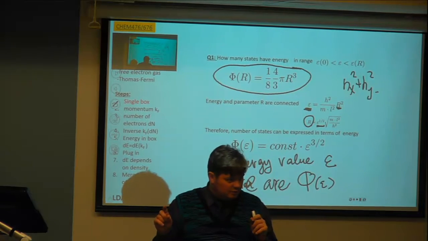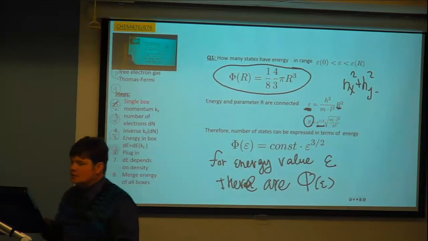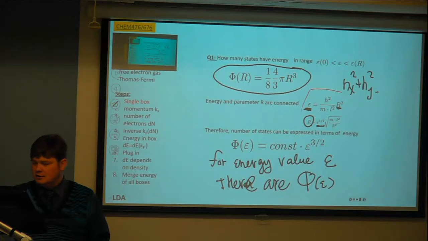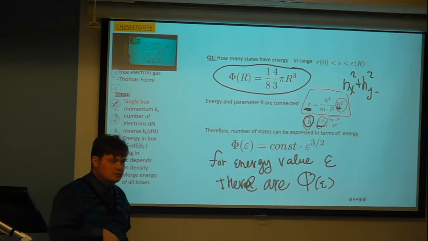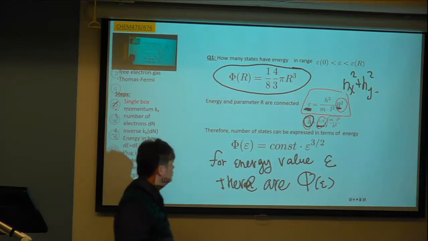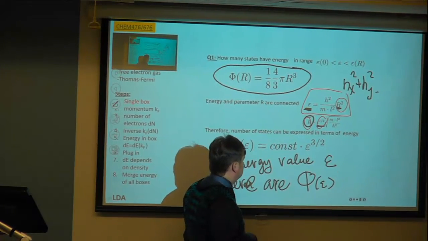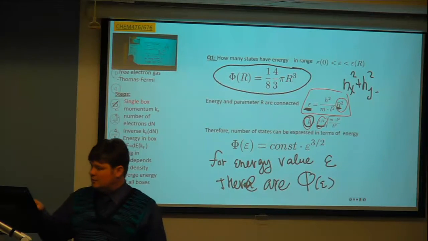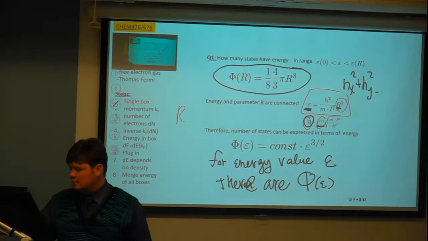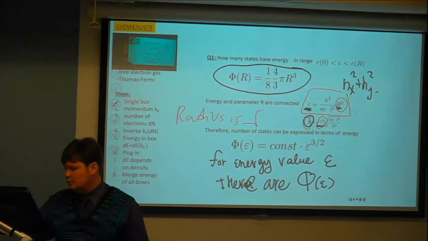Make sense? So we can invert. If the energy is something times r squared, then radius will be the square root of energy. Make sense? So I will write it down. So radius is the square root of energy.